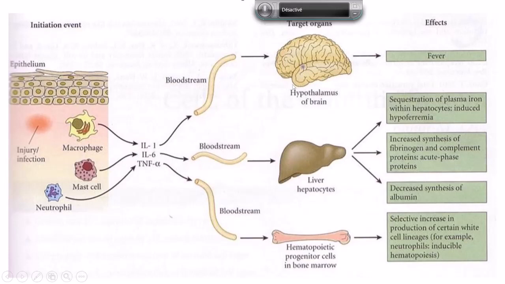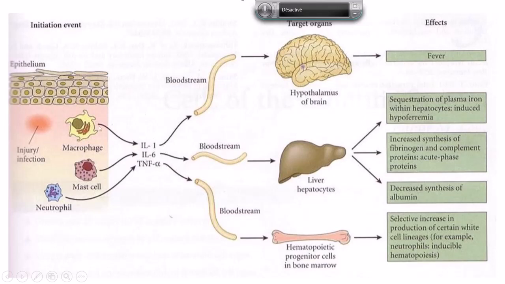So first, they will act on the hypothalamus, the thermoregulatory center, and cause fever. Fever is a mechanism put up by our body to help fight infections, because at higher temperatures some microorganisms are inhibited, or there's increased metabolism that permits us to fight off the infections.